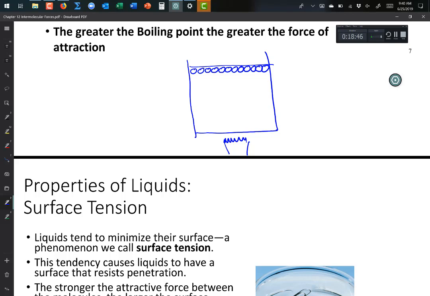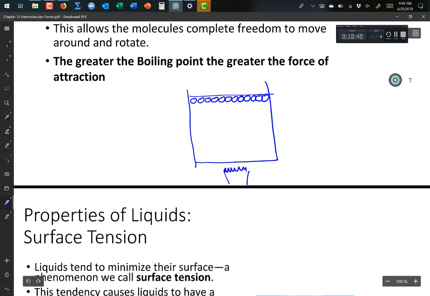As I increase the temperature, the molecules in the liquid have enough energy to escape. They get bumped off the surface and into the gas state. So this is the process of vaporization. As the temperature of the liquid increases, the vapor pressure increases.